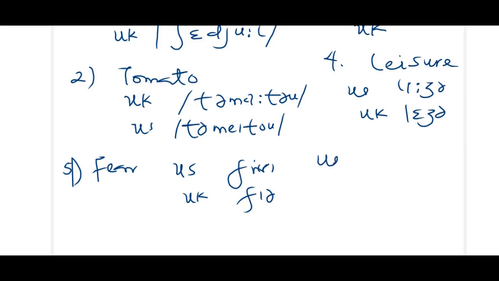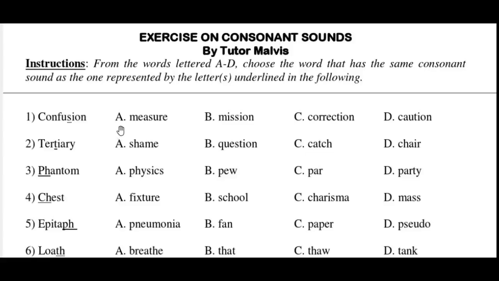When I say US English, I'm talking about American English, or what they call General American. When I talk about UK English, I'm talking about RP, Received Pronunciation.